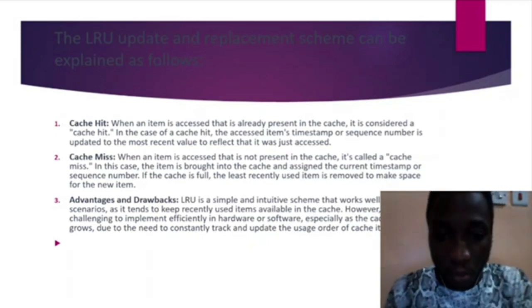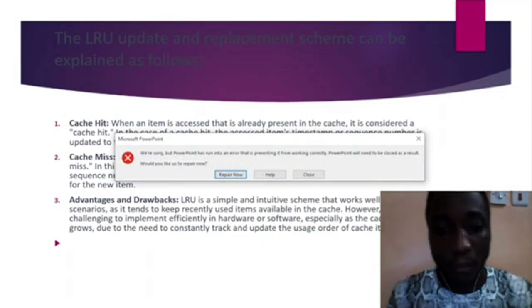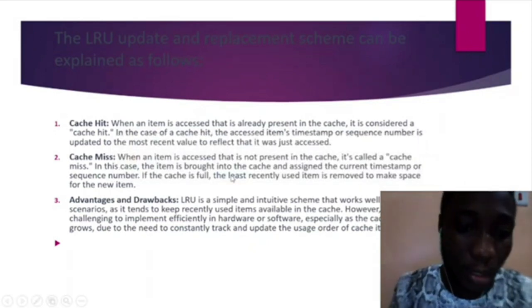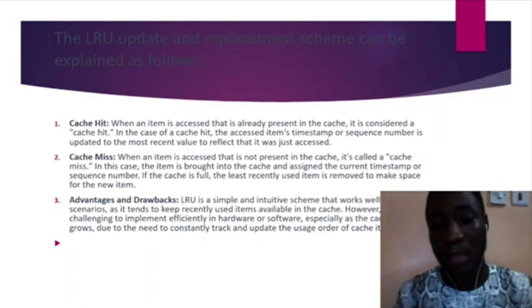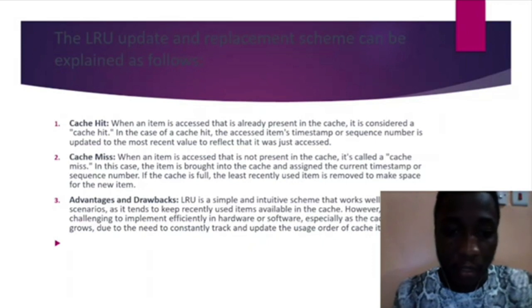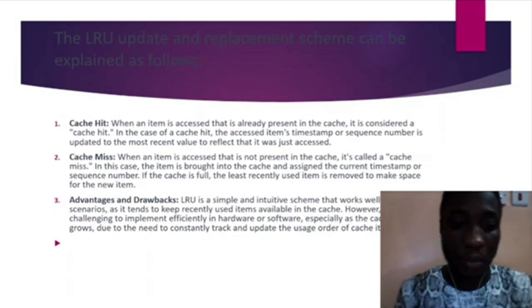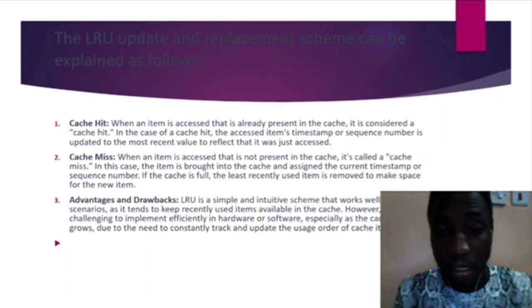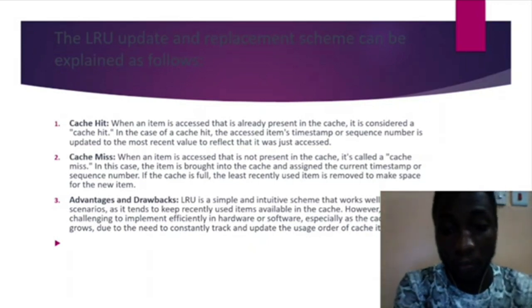It is a simple and intuitive scheme that works well for many scenarios as it tends to keep recently used items in the cache. However, it can be challenging to implement efficiently in hardware or software, especially as the cache size grows, due to the need to constantly track and update the usage order of cache items.